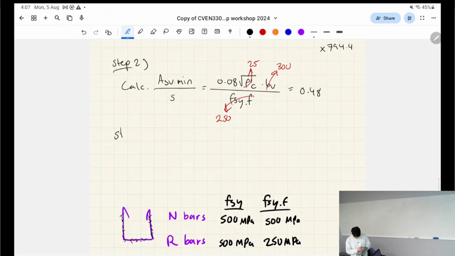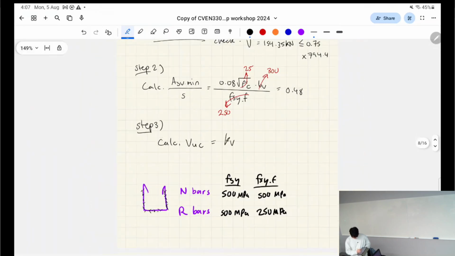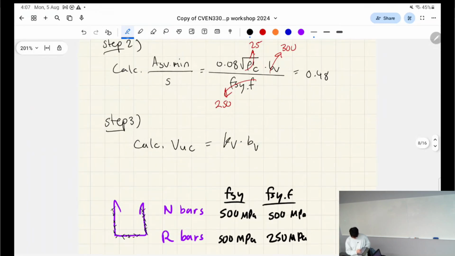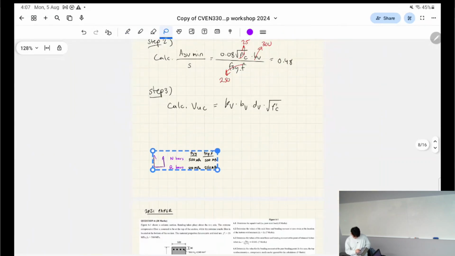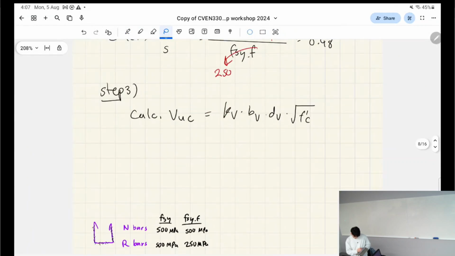Okay, what's the next step? It's to calculate how much strength we have in the concrete in shear. So that's VUC. So this is the formula. This is 25.